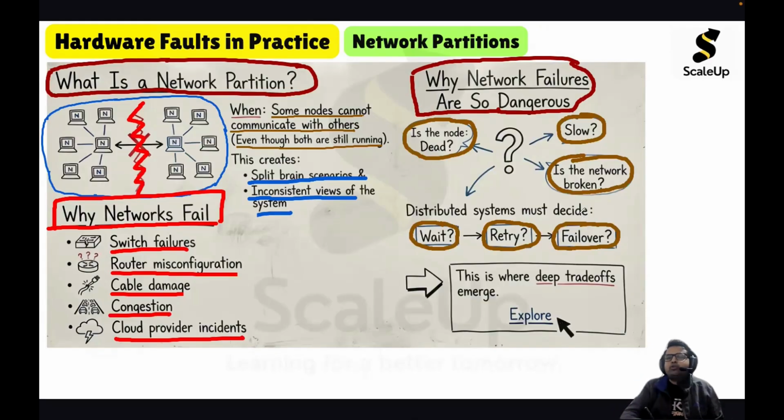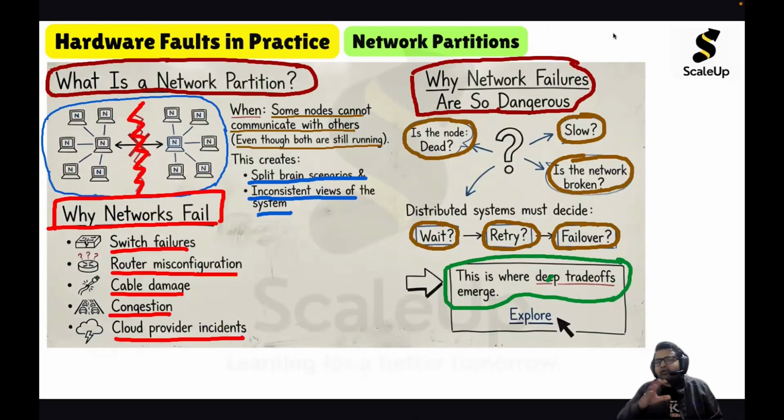We have to have some mechanism in place. This is where deep trade-offs emerge: how much to wait, how long to keep retrying, and when to decide that there is a network failure or network partition. Hence it's a challenging problem to deal with.